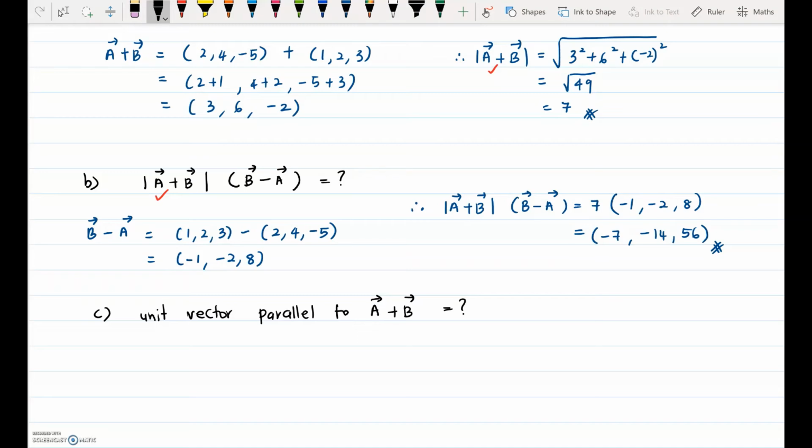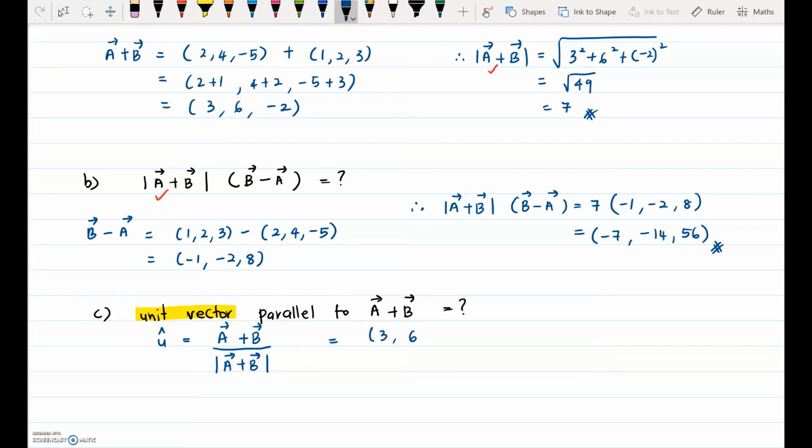Next for C, we want to find the unit vector parallel to A plus B. The keyword here is unit vector. Since we want the unit vector for A plus B, the formula is u hat equals vector A plus B divided by the magnitude of A plus B. What is your A plus B?